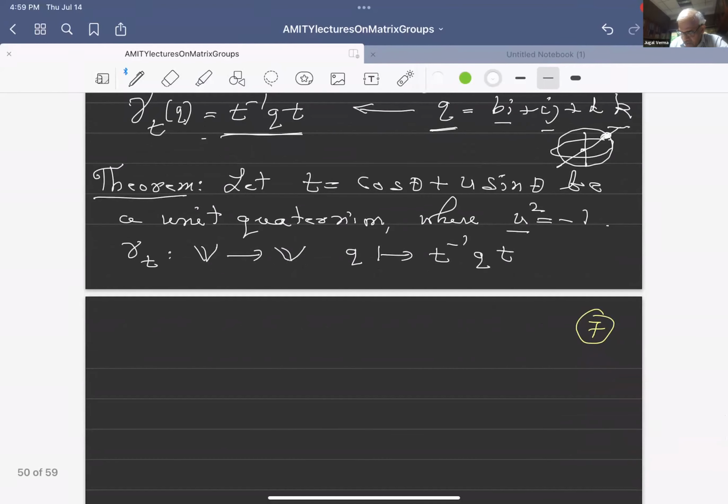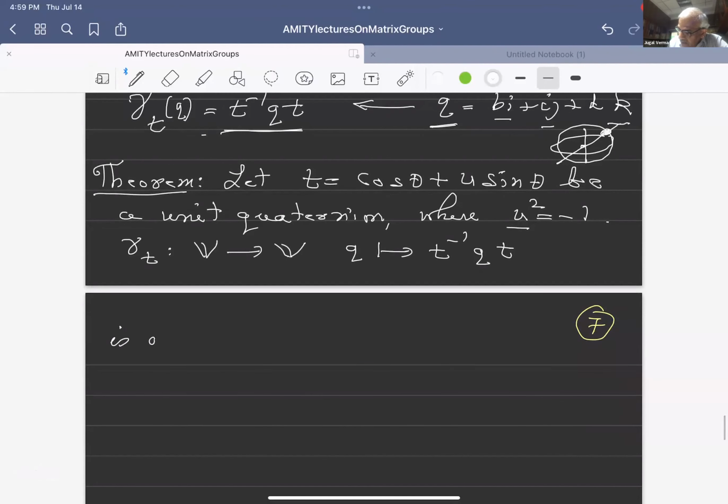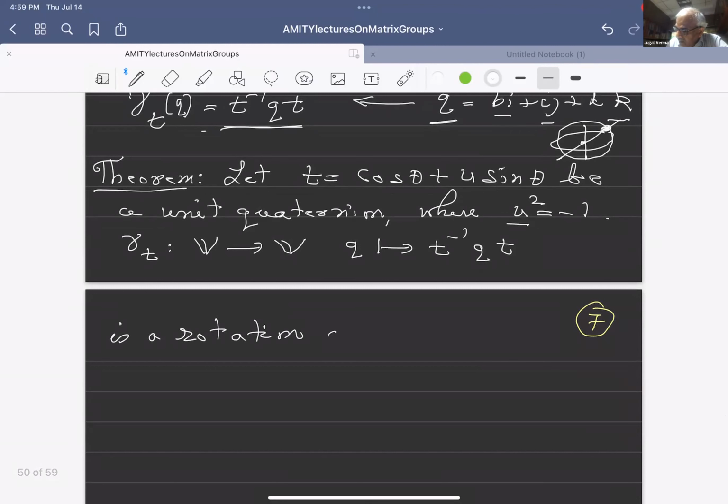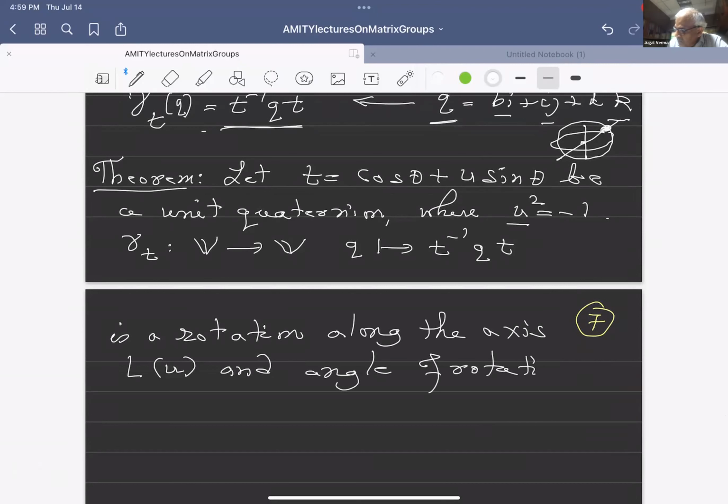Then this gamma T is a rotation along the axis which is the linear span of this vector U, and the angle of rotation is 2 theta.